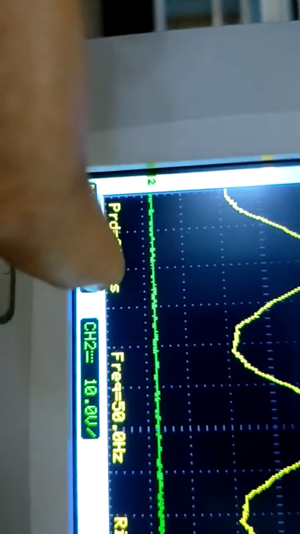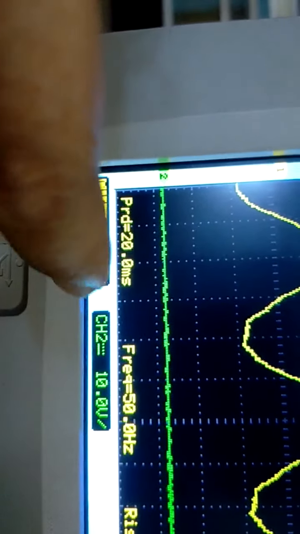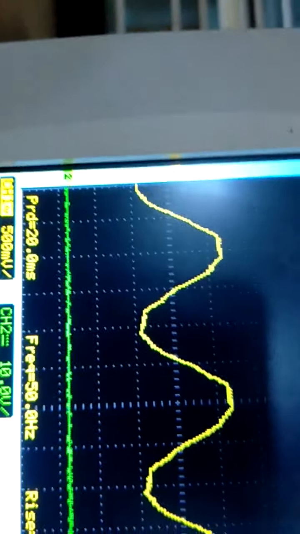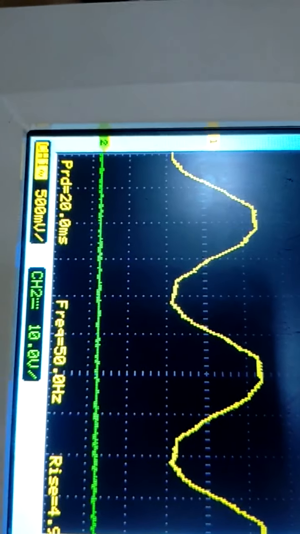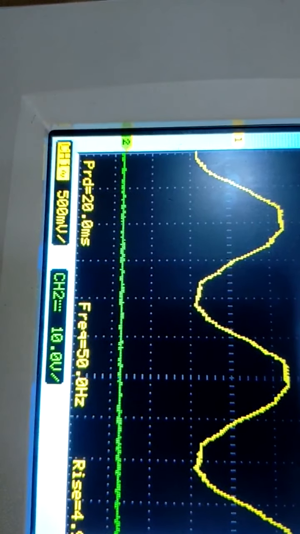As the frequency is 50 hertz, when you do 1 by frequency, you get the time period, that is 20 millisecond. So you can note down all these parameters from this waveform. This is how we can study the input signal of the rectifier.